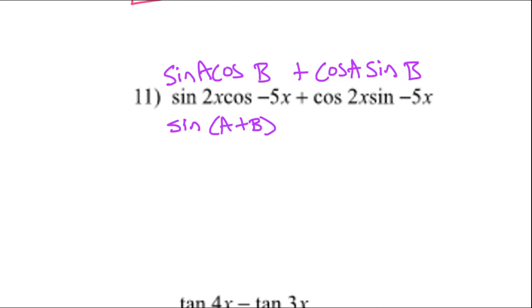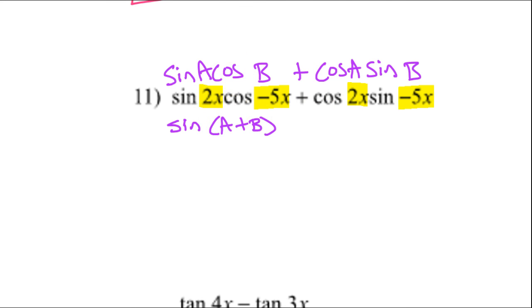It's just a matter of what's A and what's B. Well, A is 2x, because that's where A goes. B is negative 5x. And then you just see it repeated again here. Cosine of A, sine of B.